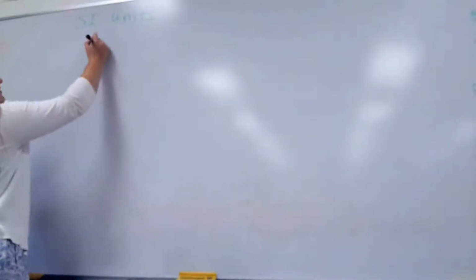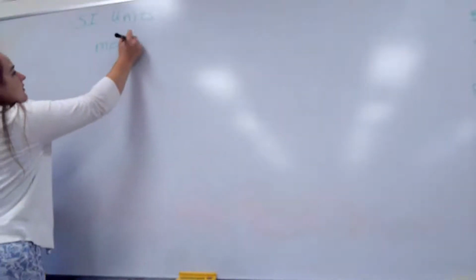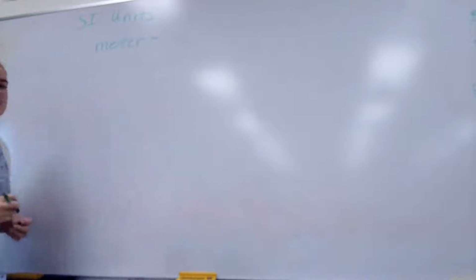Maybe one that might be on a ruler. Any ideas? Yeah. A meter, okay? So, a meter is definitely an SI unit. And this is going to be our standard measurement for length or height or anything that you would measure with a ruler or a measuring tape.